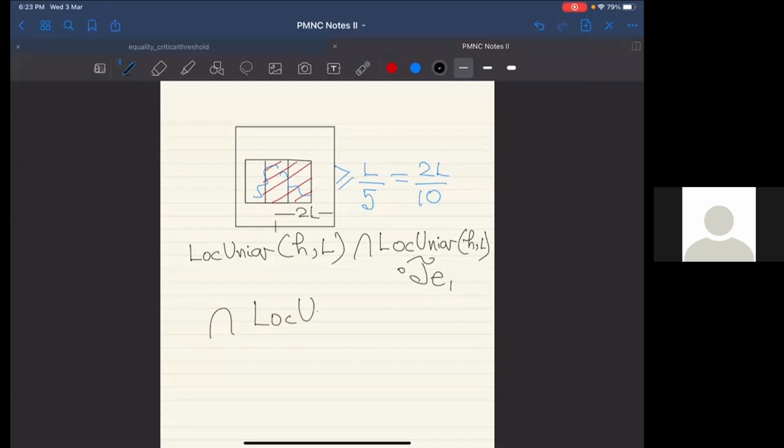On top of that, I'll also assume local uniqueness on H2L, on this bigger box.